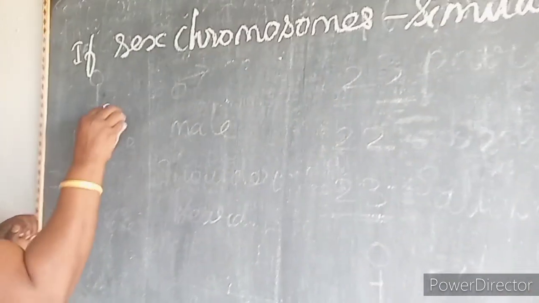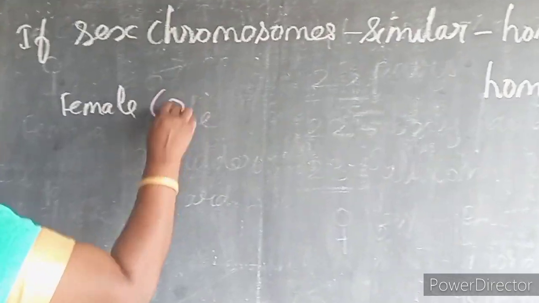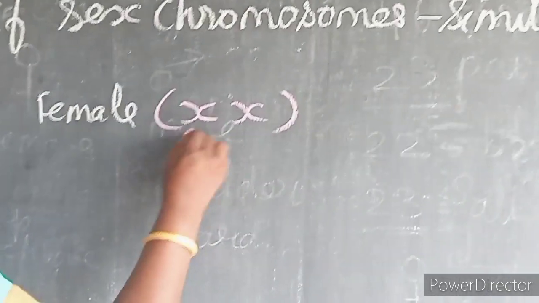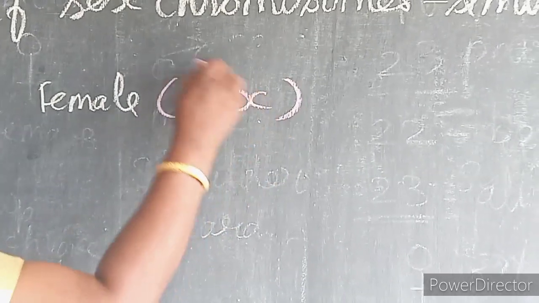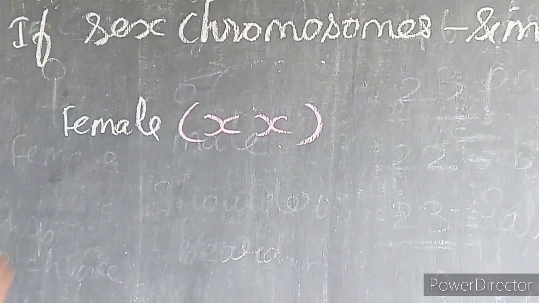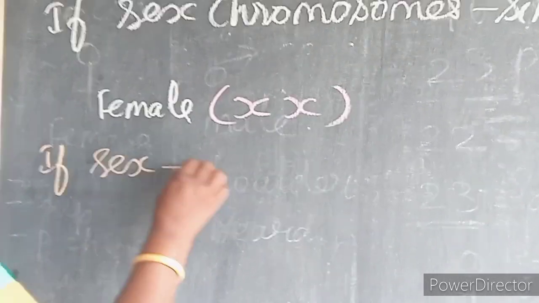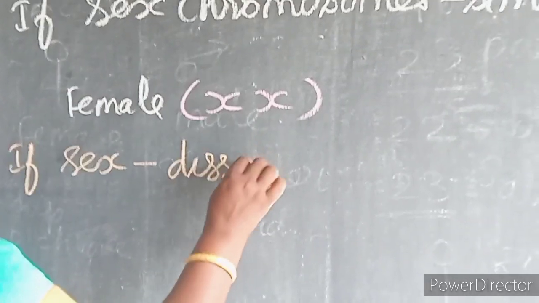For example, in the female there are two X chromosomes, X and X. These two gametes are similar, so it is called homomorphic or homogametes.